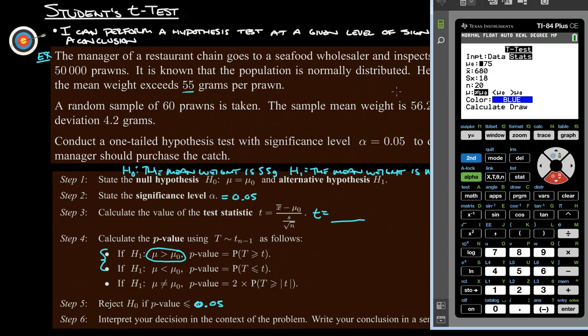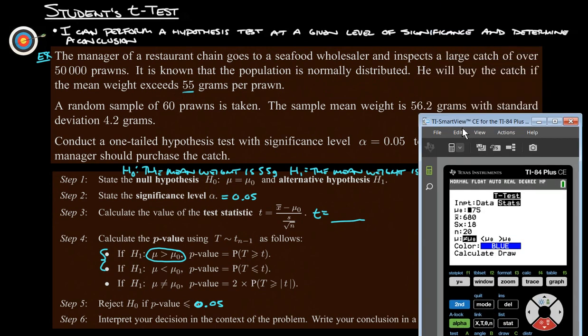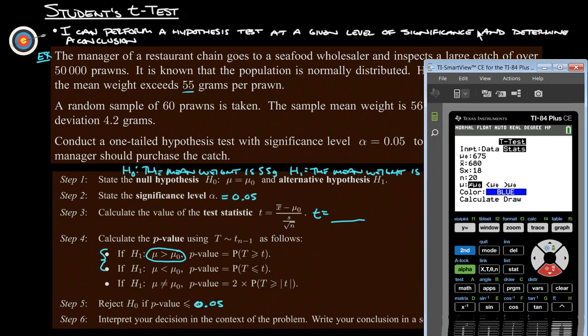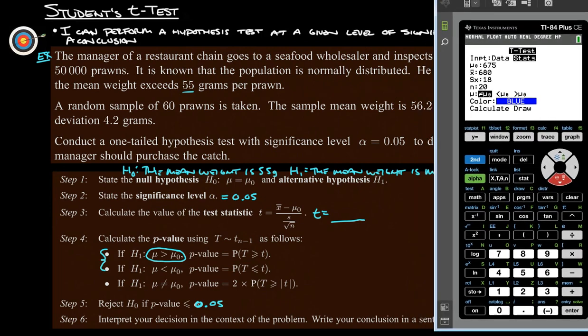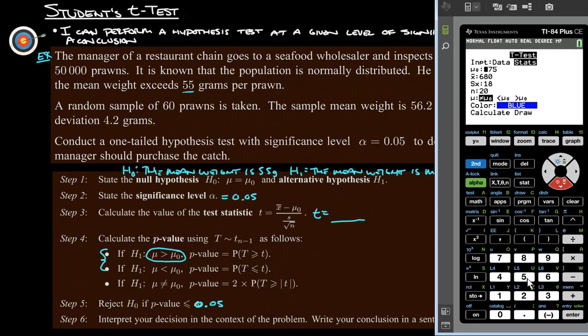The first one is going to be the advertised one. It says you will buy the catch if the mean weight exceeds 55 grams per prawn, so we're going to put 55 here. Then we found in our sample that the mean weight was 56.2, and our standard deviation was 4.2.